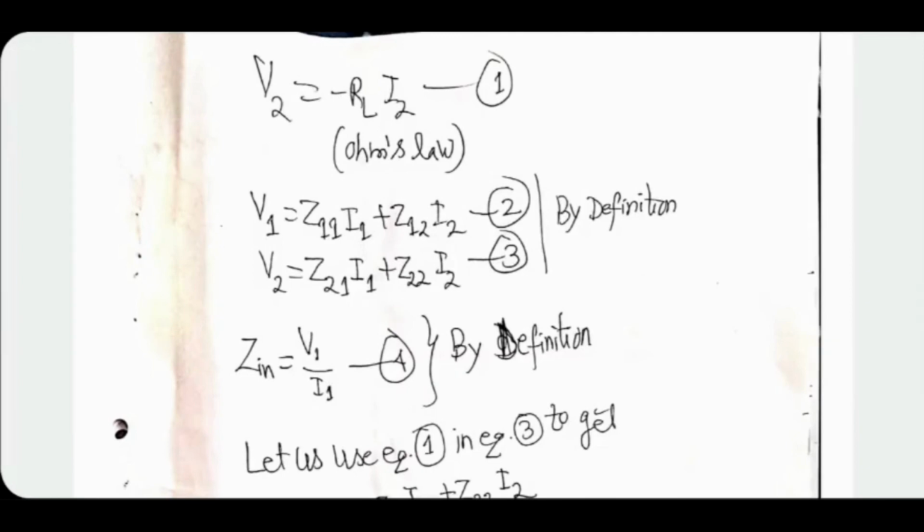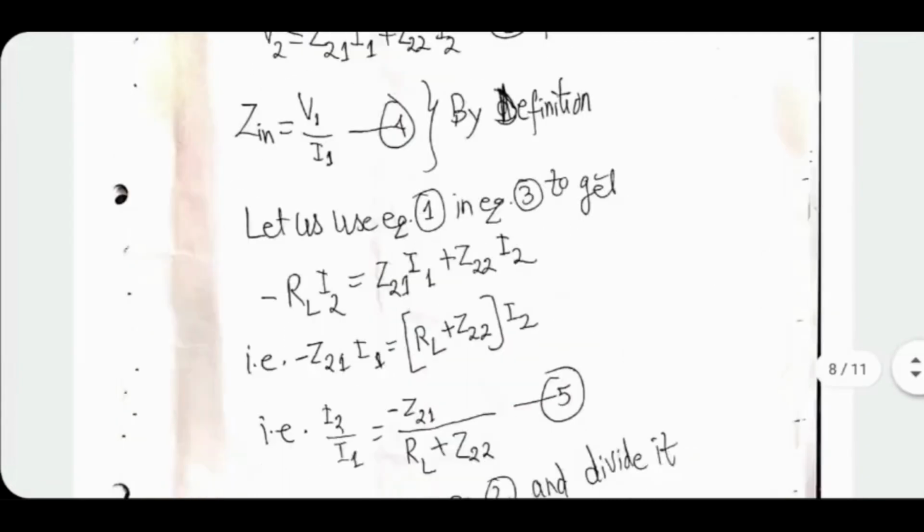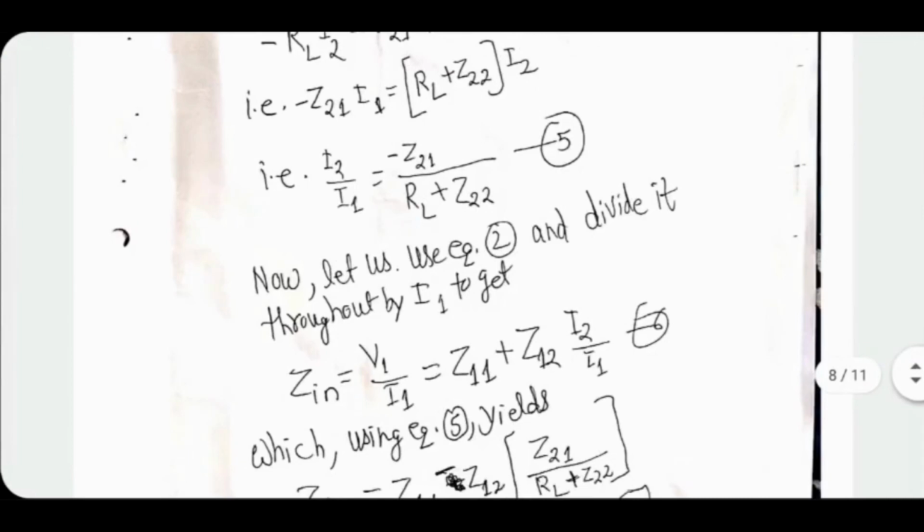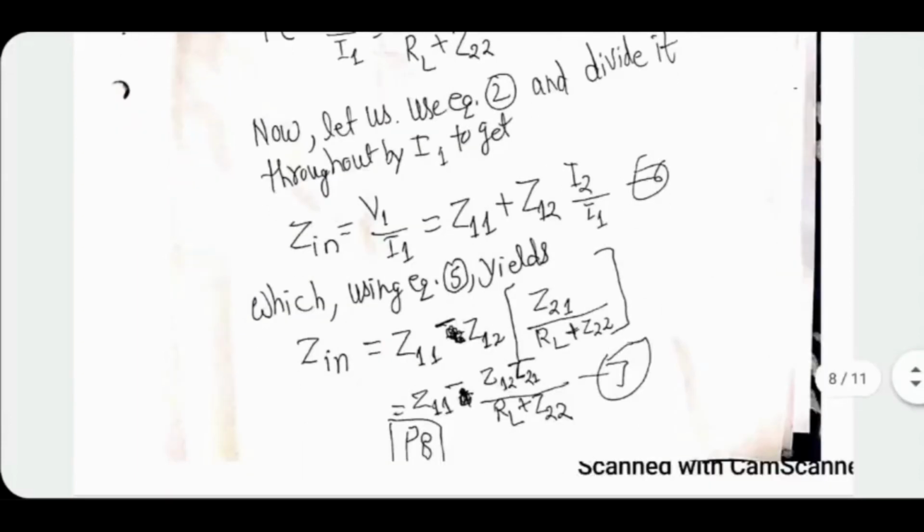So Zin will be Z11 I1 upon I1 plus Z12 I2 upon I1. And I2 upon I1 has been calculated separately. So plug that formula here. Zin turns out to be given by this equation in terms of Z11, Z12, Z21, Z22, rather than ZA, ZB, ZC.